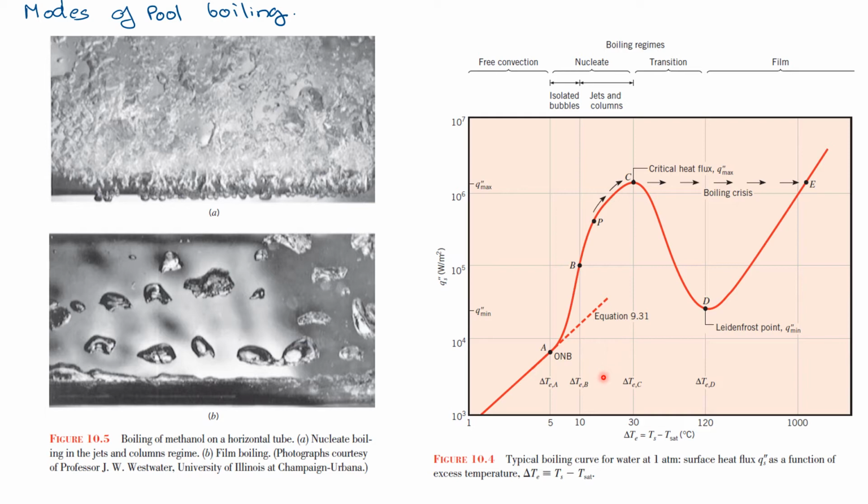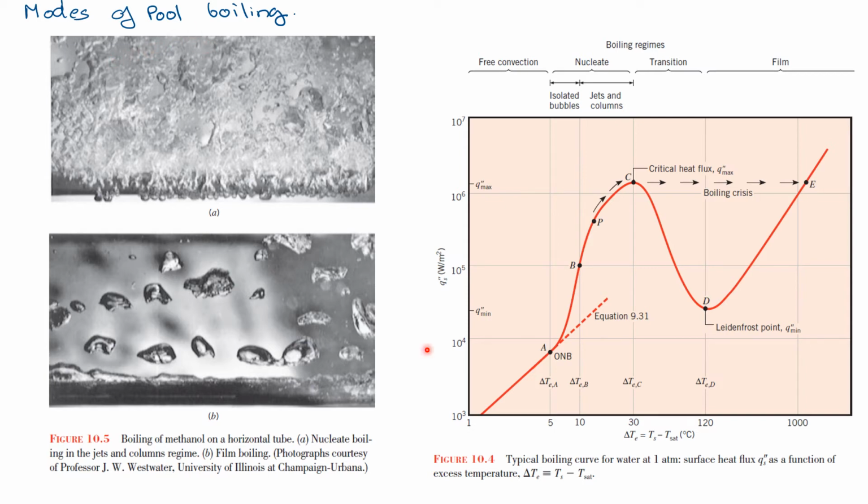The boiling due to free convection is mostly how boiling occurs. There are scenarios in which you will have boiling or phase change due to forced convection as well. We'll look at that in some time. So when you have boiling due to free convection, it's known as pool boiling mostly.